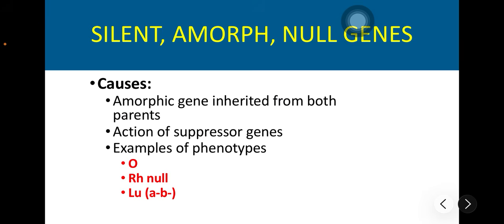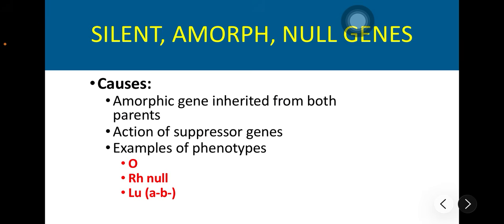We also have Lu(a-b-), from the inheritance of both recessive genes of the Lutheran blood group system, resulting in the absence of the Lua antigen and the absence of the Lub antigen. There could also be the presence of a suppressor gene. Despite having dominant genes which could possibly express an antigen, the suppressor gene inhibits the expression of these antigens.